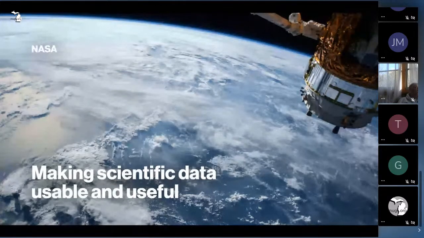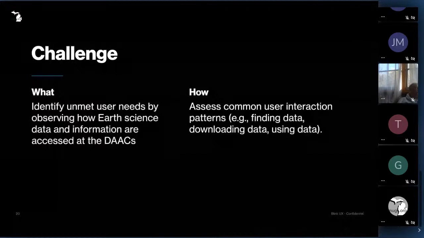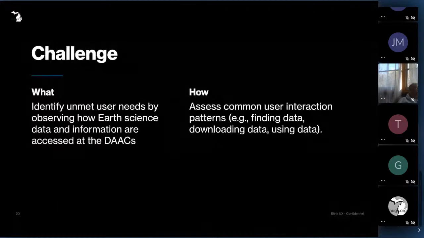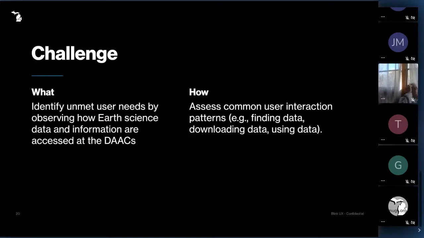One of the things they consistently found, or were hearing, is that it's often difficult to get the data and to process it and get to the point where you're actually doing science with it. There's a lot of work in just finding the right data set, finding out how to download it, how to get it into your systems, and then how to segment it and work with it in order to do science.